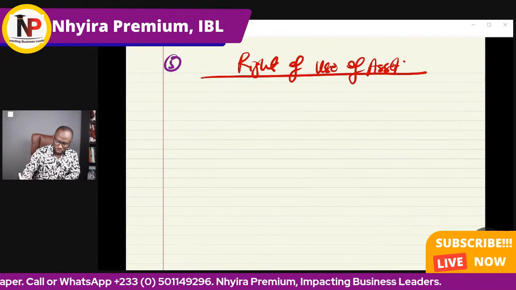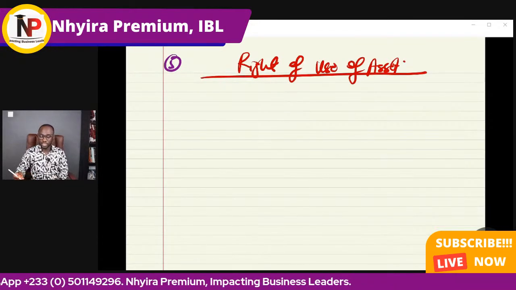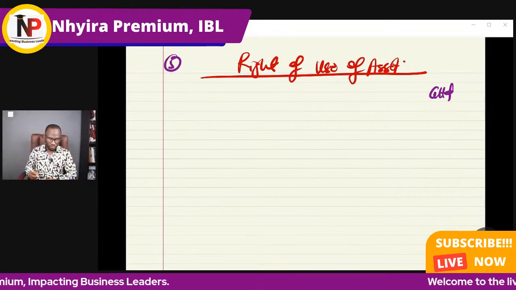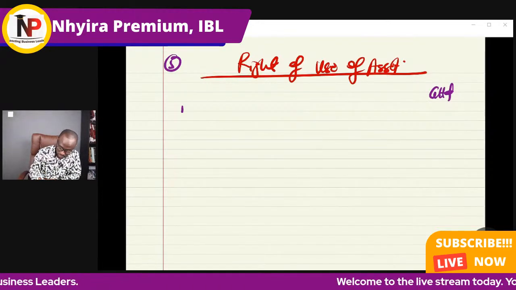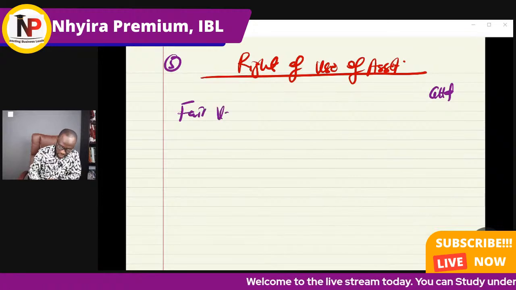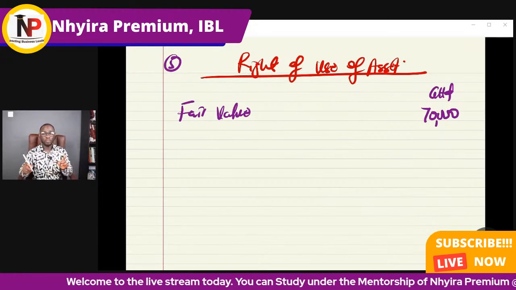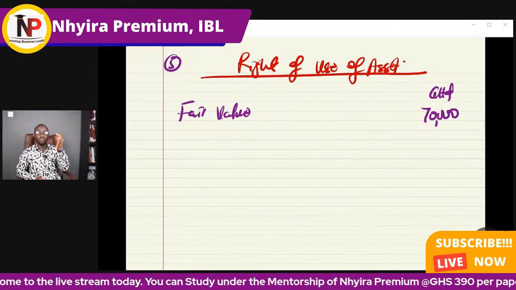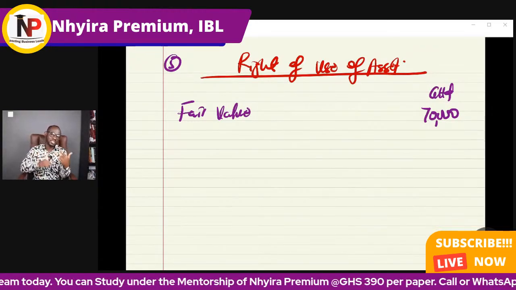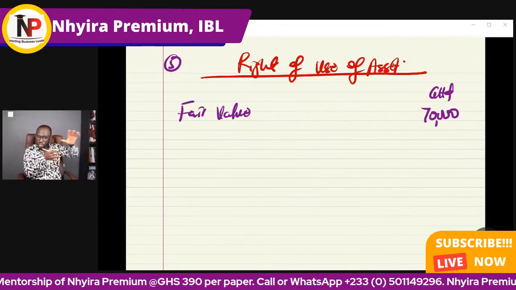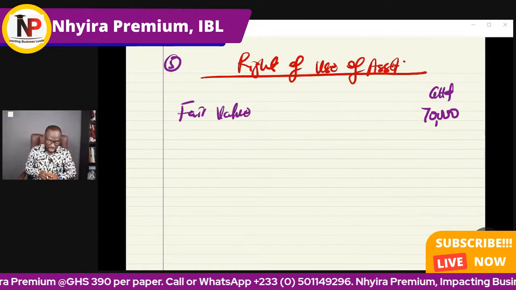In this question, we were not given the economic life of the asset, so we will just use the lease term of 3 years to depreciate the fair value of the assets. So we have the fair value of the assets. Remember 70,000. Make sure you don't use the 66,000 here as the value of the assets. The 66,000 is the liability situation. So make sure you don't mess it up in that case.